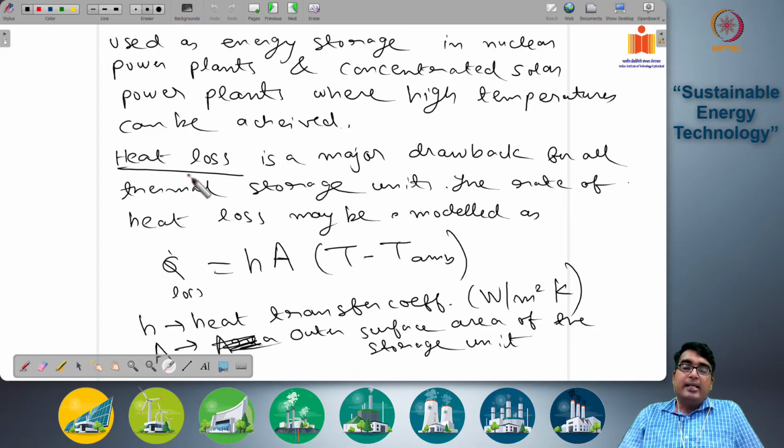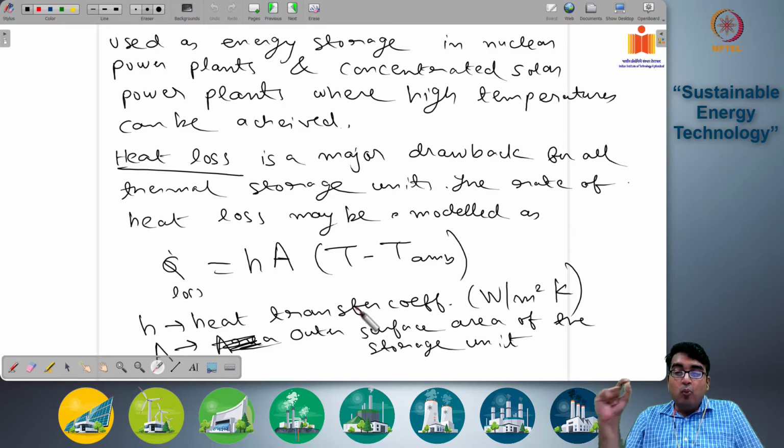The rate of heat loss may be modeled as Q dot loss, which is joules per second, or watts, equals H into A into T minus T ambient, where H is the heat transfer coefficient, in watt per meter square Kelvin, the amount of heat lost per unit time per unit meter square of the exposed surface for a given Kelvin of temperature gradient.